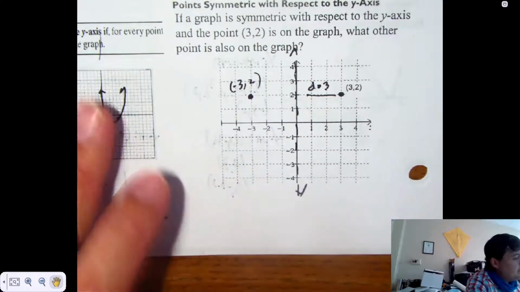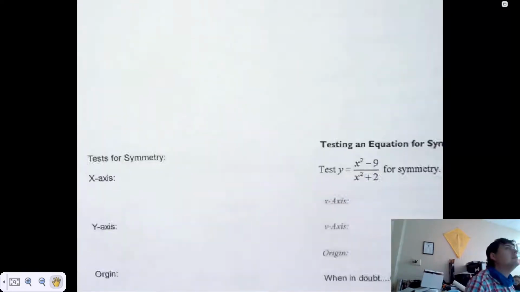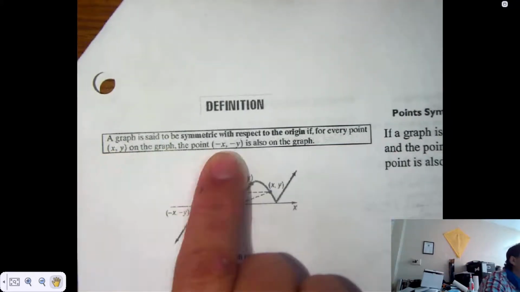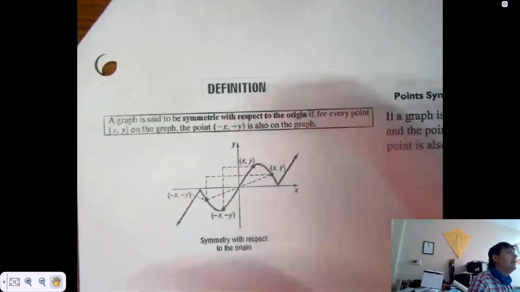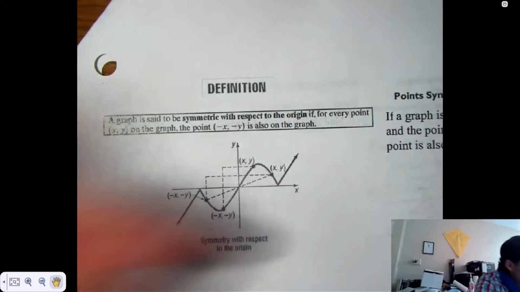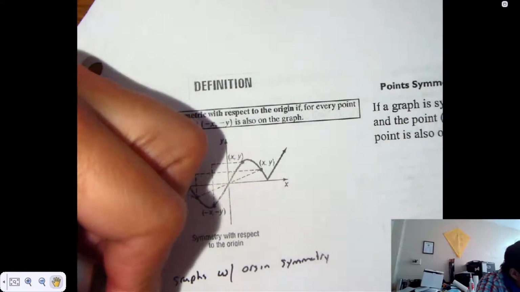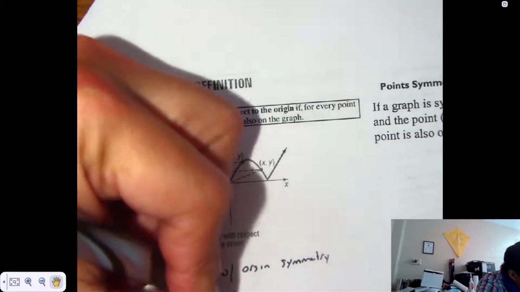I guess the last thing in your notes here before we move on to the harder part of this section is probably origin symmetry. A graph is said to be symmetric with respect to the origin if for every point positive x, y on the graph, the point negative x, negative y is on the graph. And I want to add to this: all graphs with origin symmetry are reflected on the line y equals x.